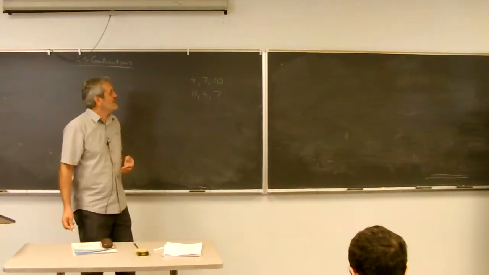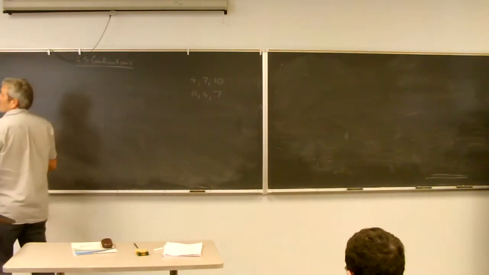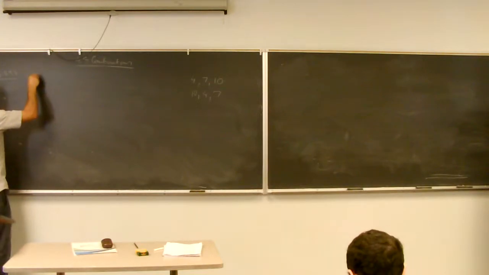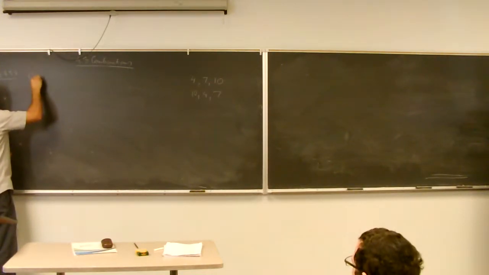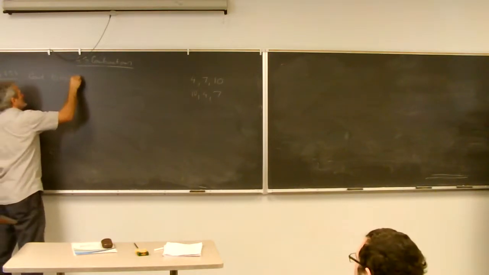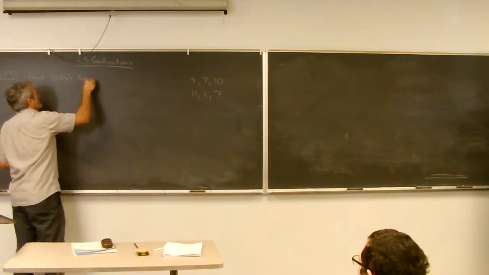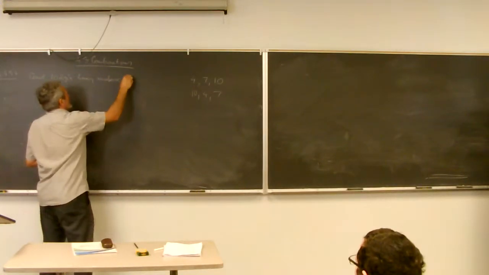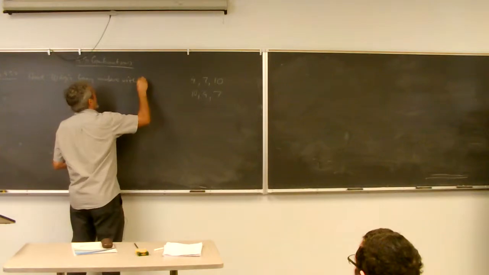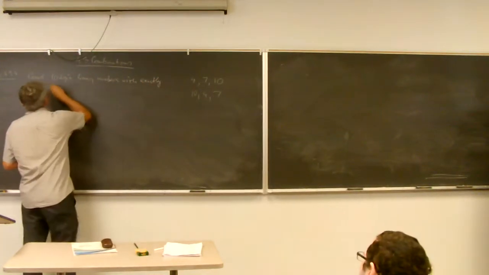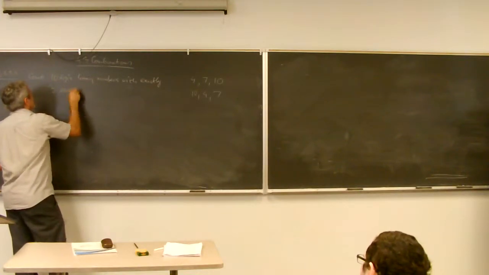So let me write a little bit on the board. Example 434. Count 10-digit binary numbers with exactly 3 ones.